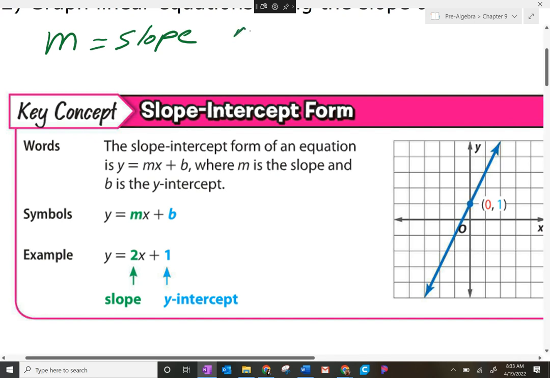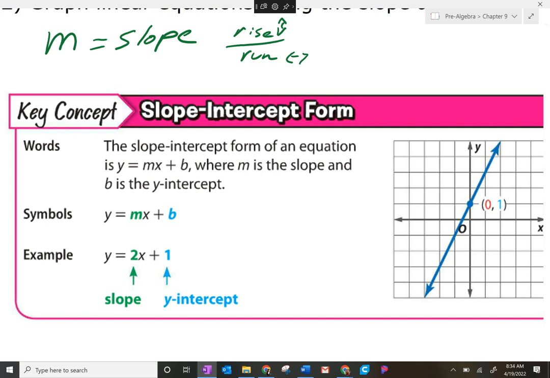It's going to be the rise over the run, meaning how much it goes up and down will be on top, and how much it goes side to side will be on the bottom. So that's what your m always is going to be. The letter in front of the x will always be whatever that slope is. And then the letter b is going to be where it crosses the y-axis.